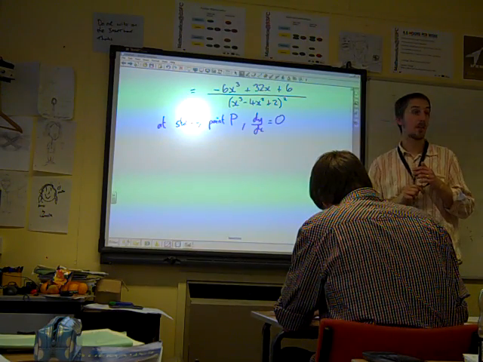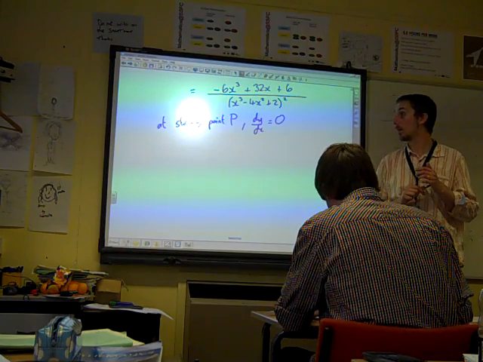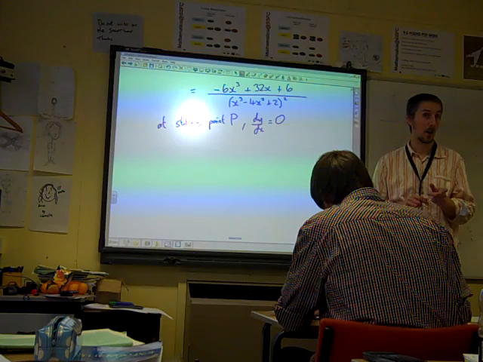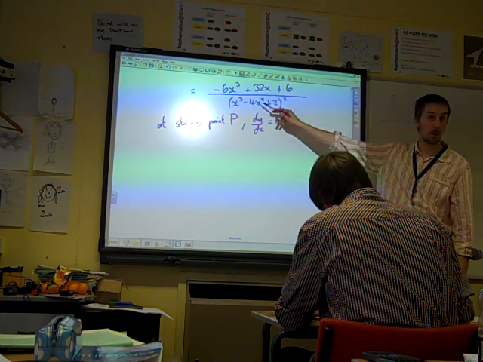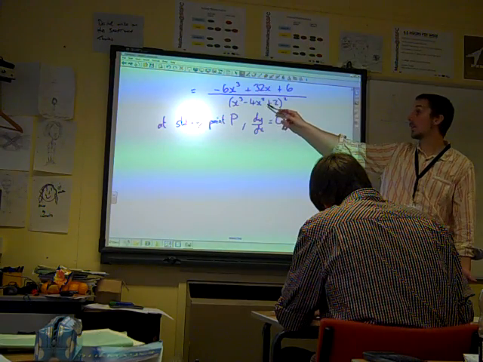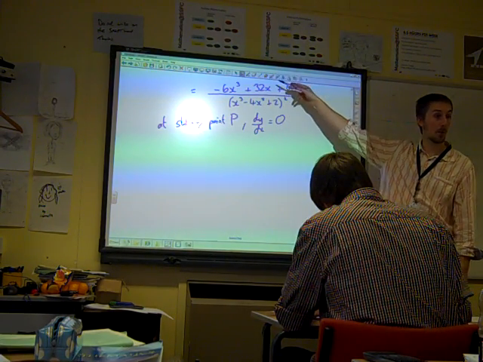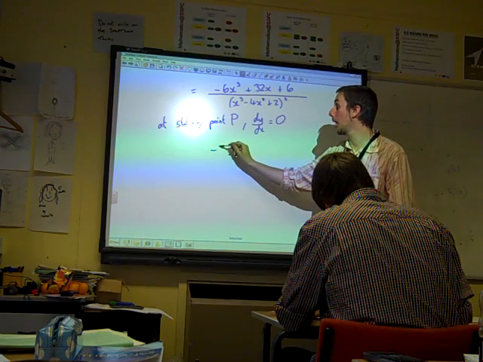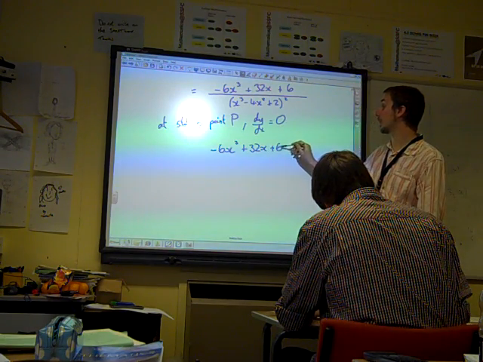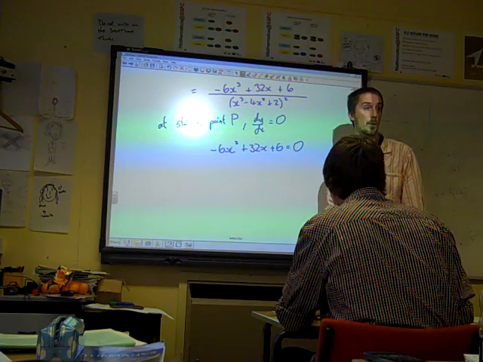If dy by dx is 0, then of course with the fraction that doesn't mean anything about the bottom line. The bottom line can't be 0. So it's only the top that needs to be 0. So we're saying that minus 6x cubed plus 32x plus 6 equals 0.